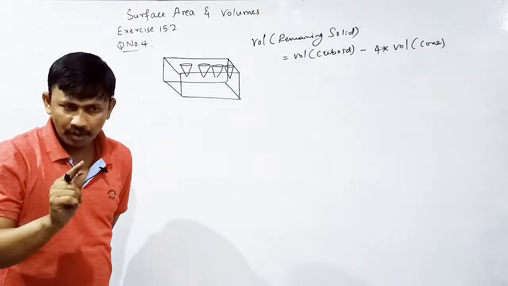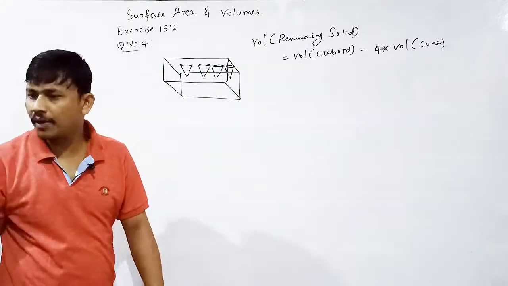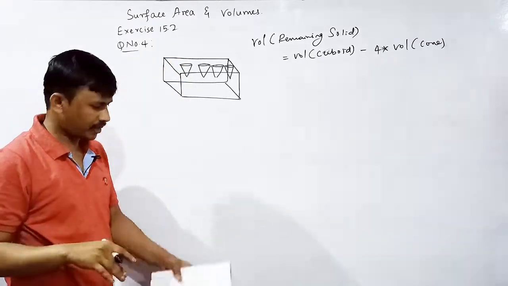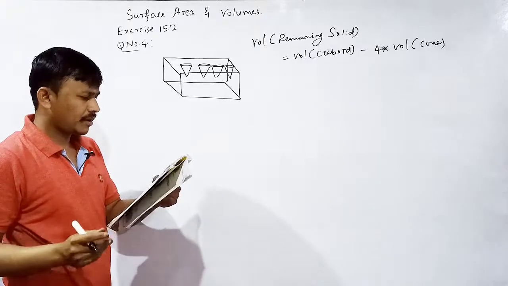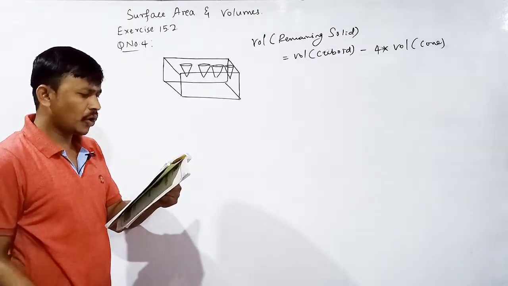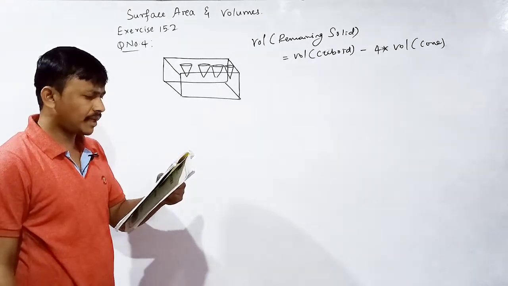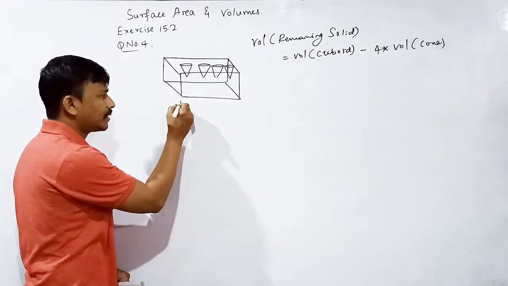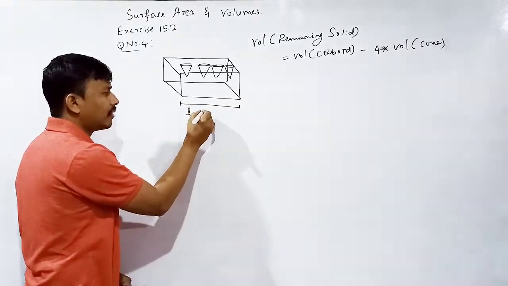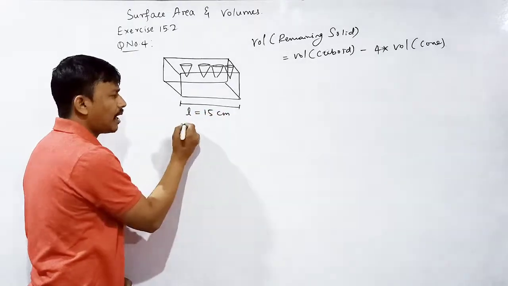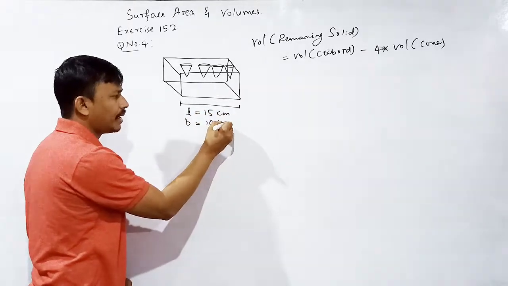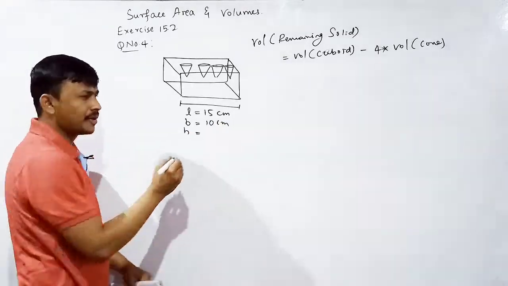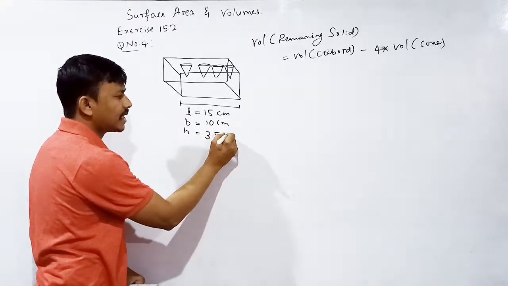Surface area will not come here, only volume comes. Okay, then to hold the pens, the dimensions of the cuboid are: length is equal to 15 centimeter, breadth is equal to 10 centimeter, and height is equal to 3.5 centimeter.